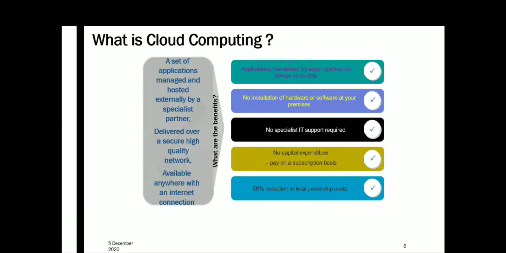That is, these applications are provided externally by some service provider, and delivered over a high quality network, and can be accessed at any time, anywhere using an internet connection. A very simple example is Gmail, provided by Google. We don't know any technology behind Gmail, and we don't know where our mails are stored, or the location of the storage technology.